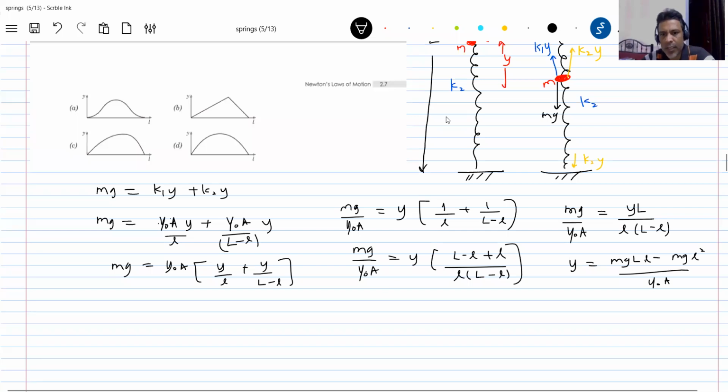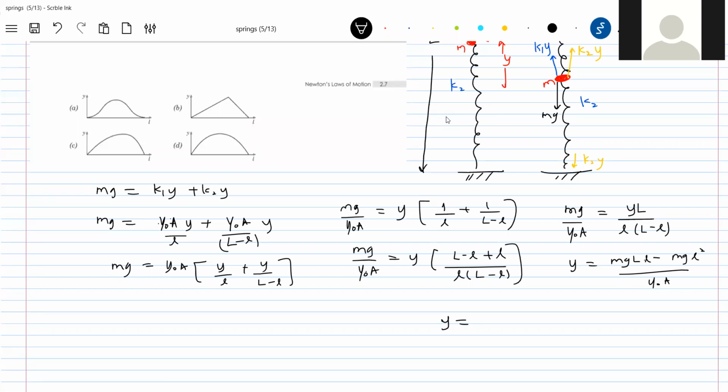So what is the basic equation now? It will end up with Y naught A also. Mg, okay, this L will come here. Check it. So this I'll rearrange now.